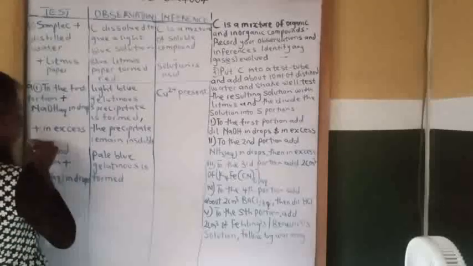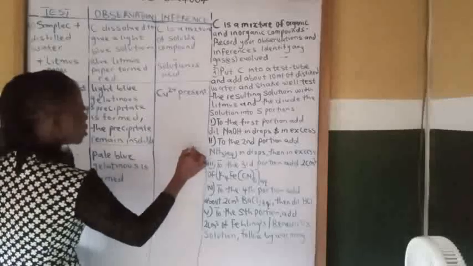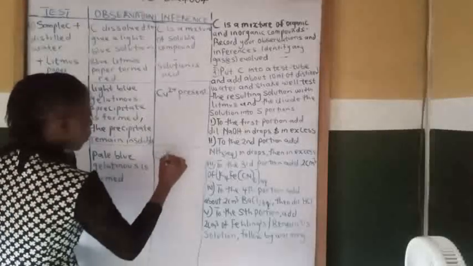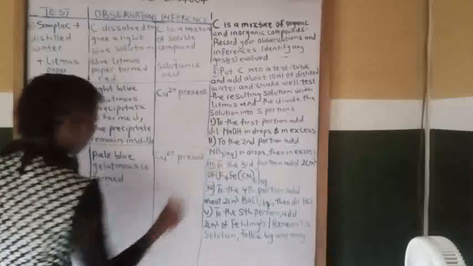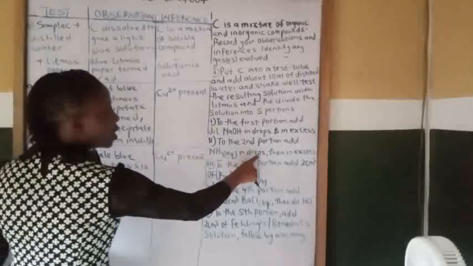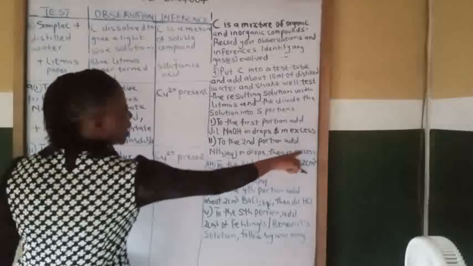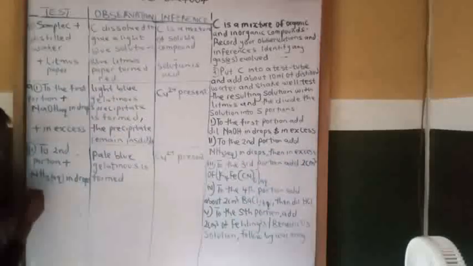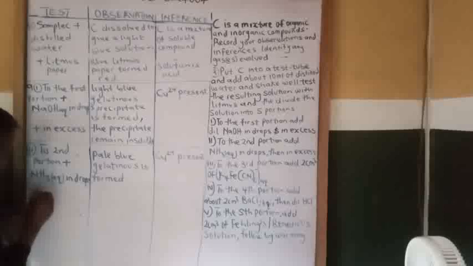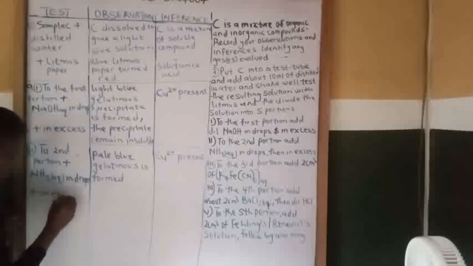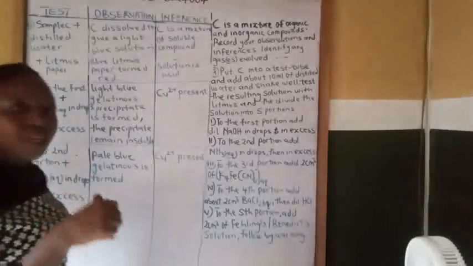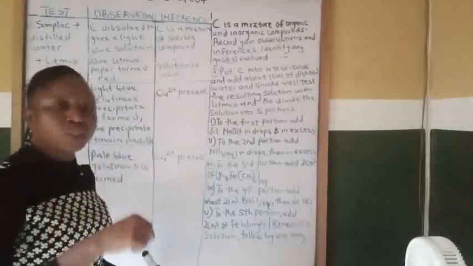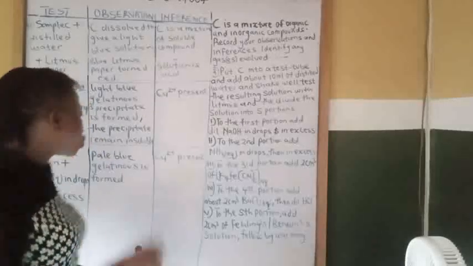So what is our inference for that? It's still copper. Copper 2 ion present. Then in excess, you go to another line, you write plus in excess. So what will happen in excess? The pale blue gelatinous precipitate will dissolve in excess to form a deep blue solution.